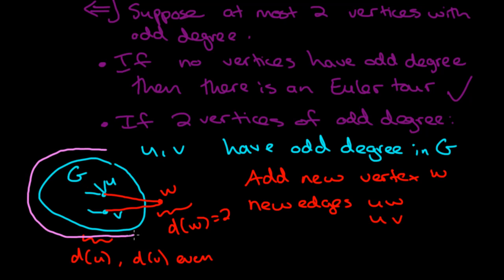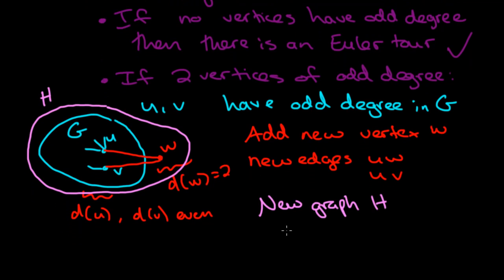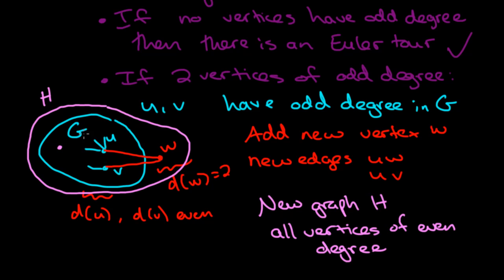So this new graph is everything the old graph was, as well as this new vertex and new edges, and I'm going to call that H. So the new graph H that results has all vertices having even degree. Right? Because U and V were the only two that were odd. Any other vertex out here in the graph before had an even degree.